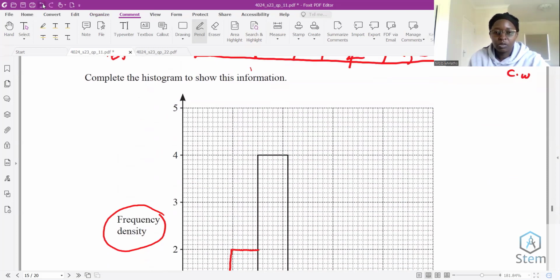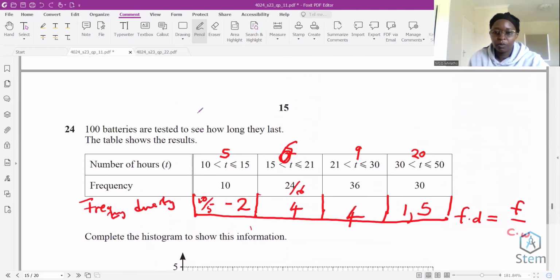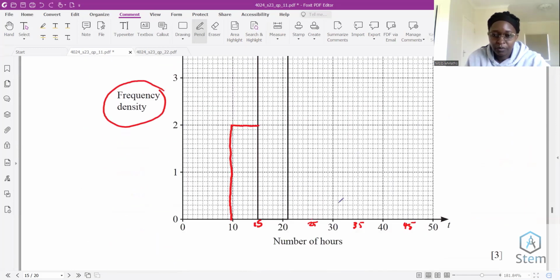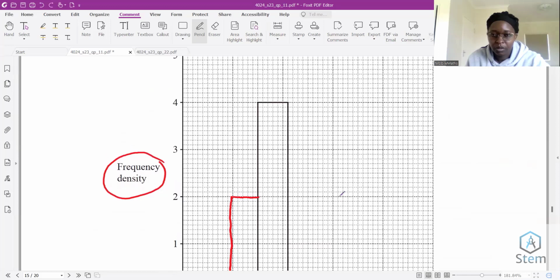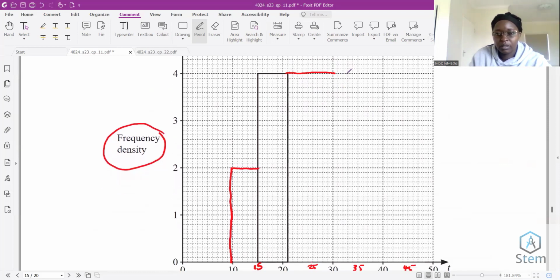Then let's draw the next one. It's a 4, which is from 21 to 30. So we are ending here at 30. Then we go down in a straight line. Mine is not really a straight line, so let me try to have a straight line.